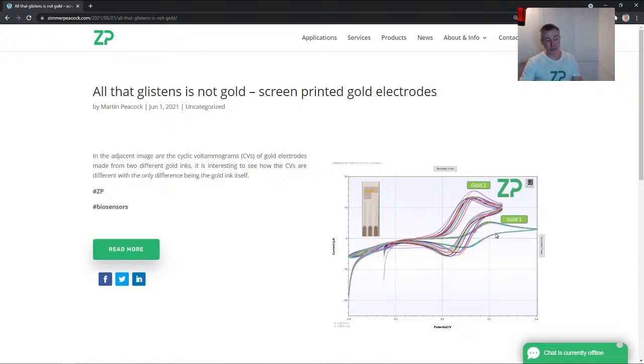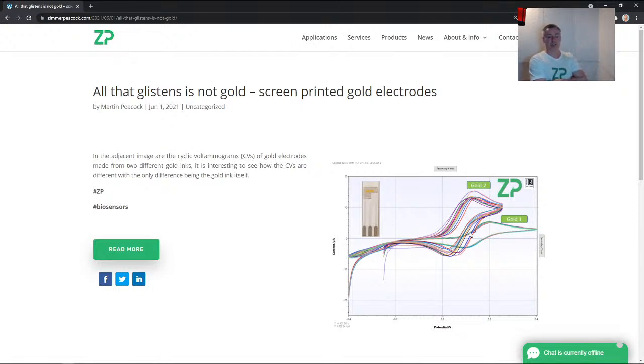But at Zimmer & Peacock, you can see here that we've been experimenting with a couple of golds. Gold 1 was really reproducible, but you can see that, if you're watching the video, it's slightly more distorted, and that's when you've got a slightly higher resistance. It's ended up distorting the cyclic voltammetry. And then we got some gold 2, where the peaks were closer together, and the signals were higher.